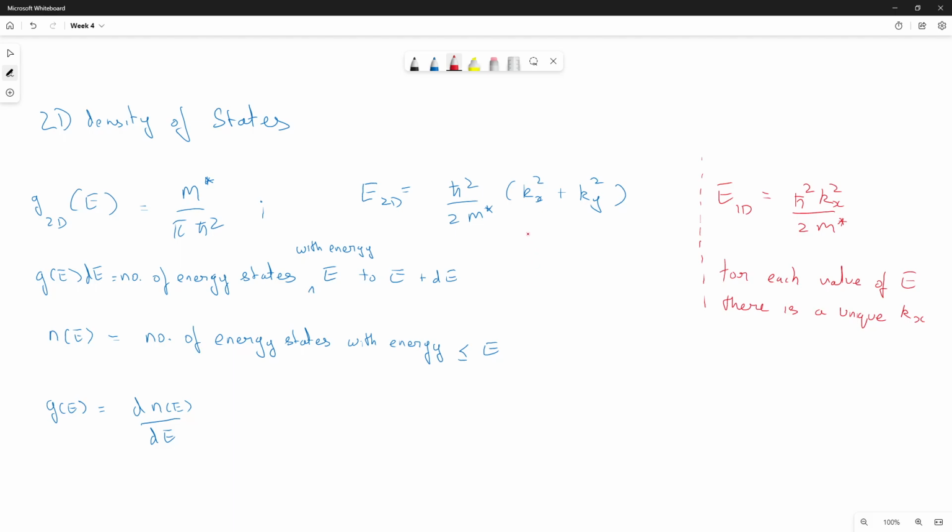But consider the 2D case. Let me drag this all the way down here and close this box out. If we consider the 2D case, for any given value of E, how many values of kx and ky exist?